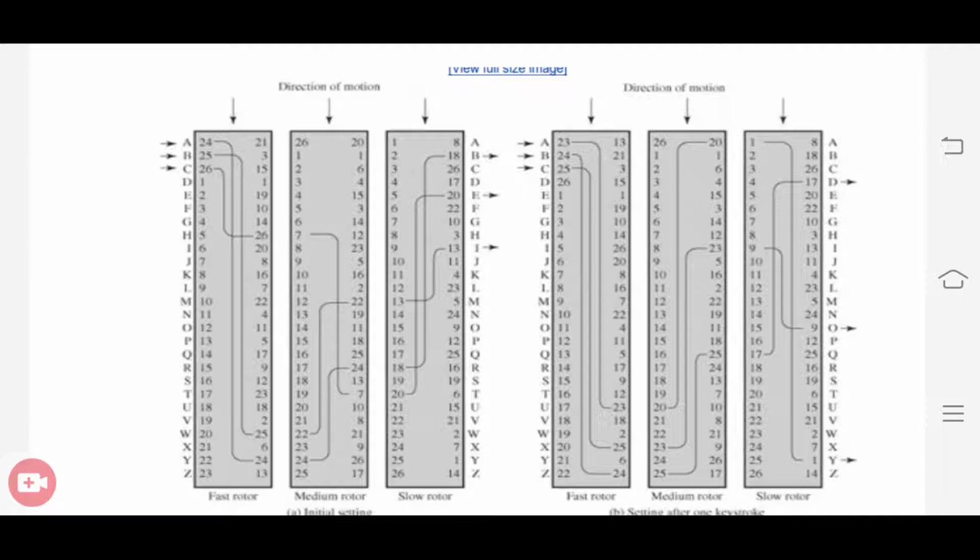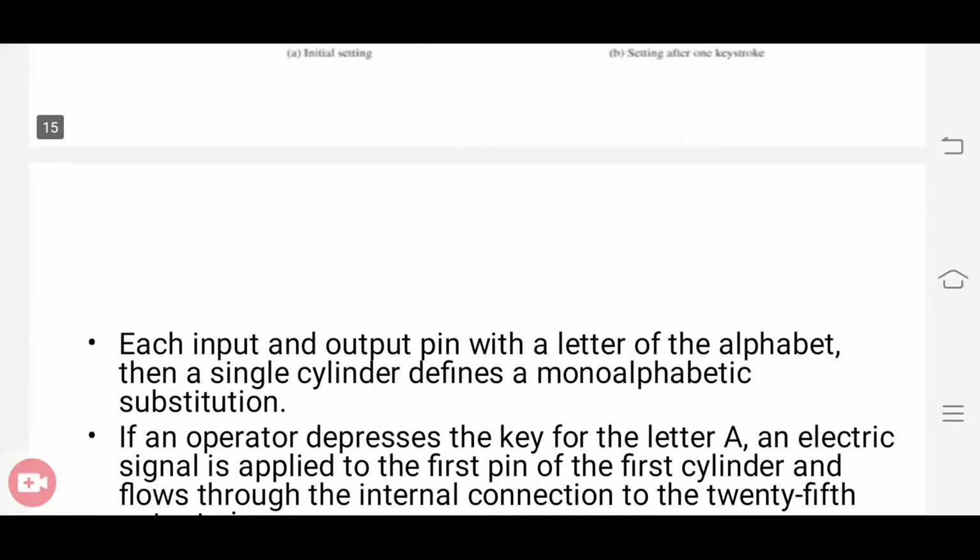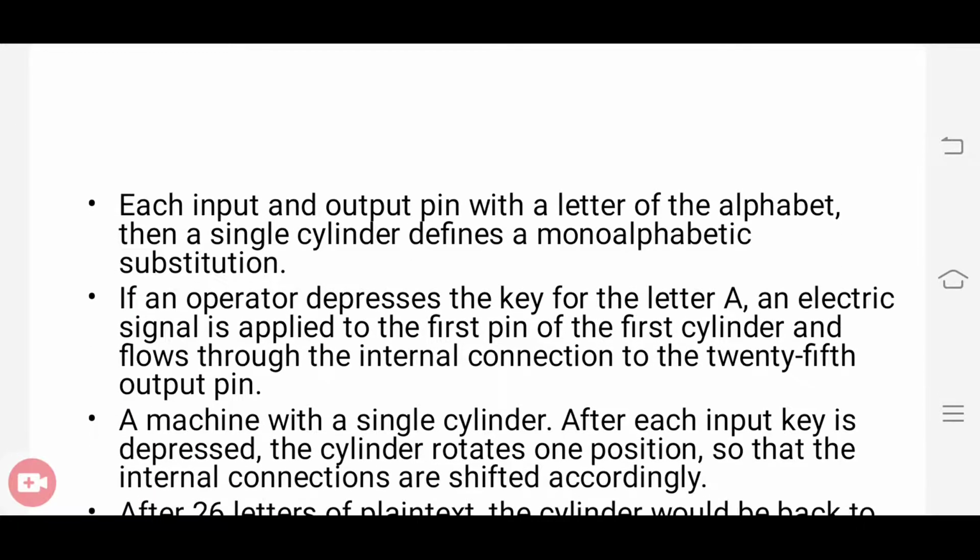In the first cylinder, you can see 26 pins arranged with the alphabets A to Z. That is, each input and output pin is assigned a letter of the alphabet. Then a single cylinder defines one monoalphabetic substitution.